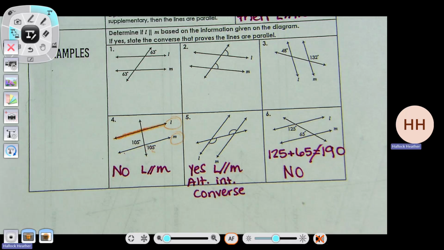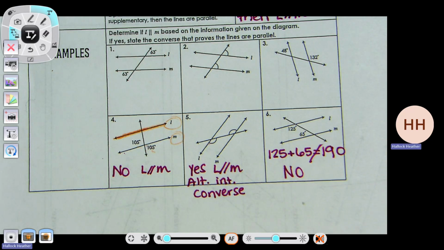Yeah. You want to check? Thank you. Number 1 is yes, right? Number 1 is yes. Number 2 is also. And you have to put why. It is yes. They're alternate exterior angles. Yes.